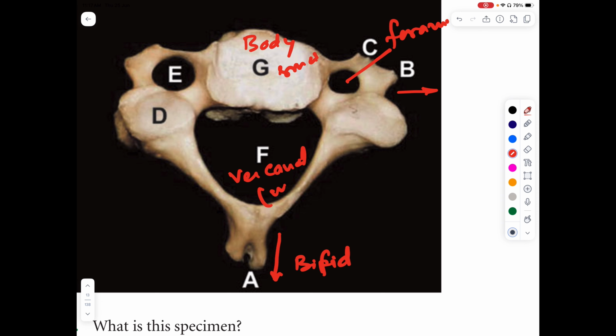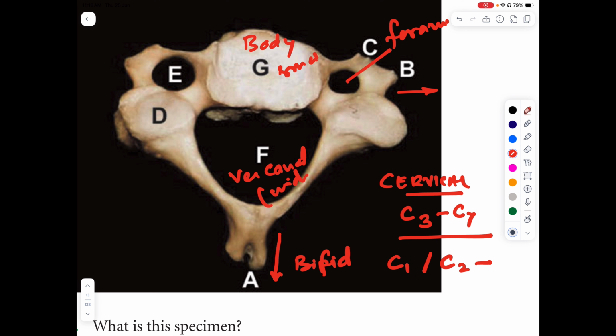So this is a typical picture of cervical vertebrae, and especially C3 to C7. So the C1 and C2 are different. Just keep in mind this is a typical cervical vertebrae. So characteristic features are: foramen is triangular, small transverse process with the foramen, wide body, bifid spine.